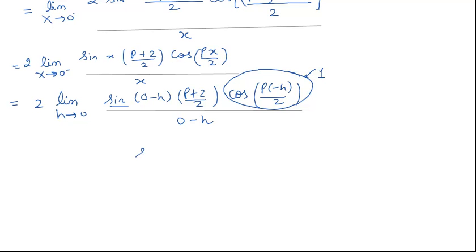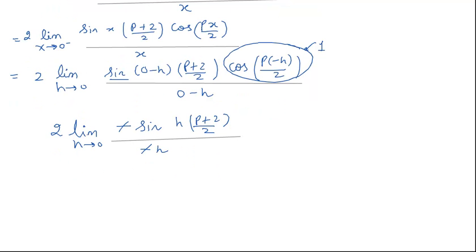So we are left with sin(h(p+2)/2), with a negative sign as sin(−θ) is minus sin θ, and in the denominator we have −h, with the limit h tends to 0 and the whole thing multiplied by 2. This negative sign will cancel out, and we know that the limit as x tends to 0 of sin x by x equals 1.